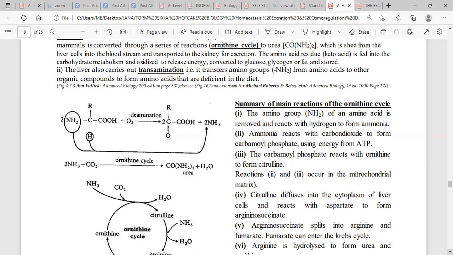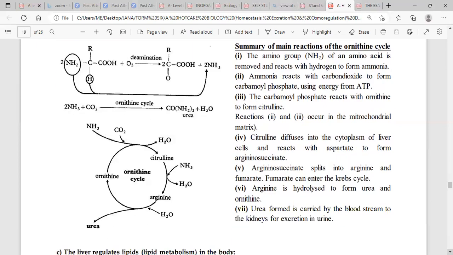A summary of the reactions of the Ornithine cycle. The amino group of an amino acid is removed and reacts with hydrogen to form ammonia. Then ammonia reacts with carbon dioxide to form carbamyl phosphate using energy from ATP.